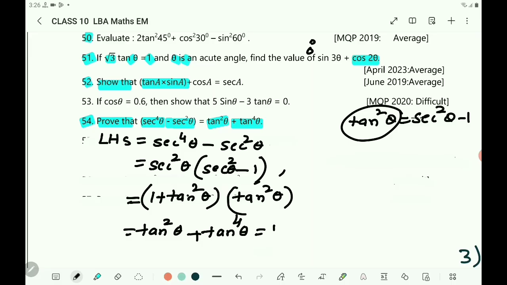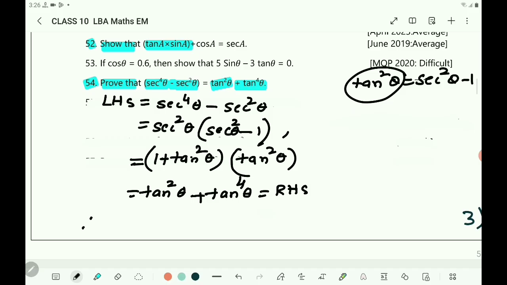So, which is equal to RHS. Here you got tan square theta plus tan power 4 theta. Therefore you can write secant power 4 theta minus secant square theta is equal to tan square theta plus tan power 4 theta.